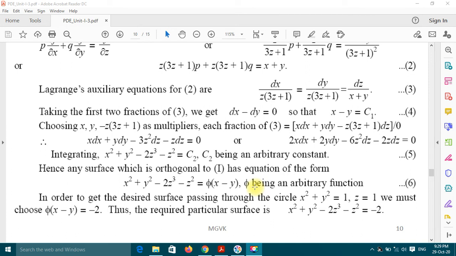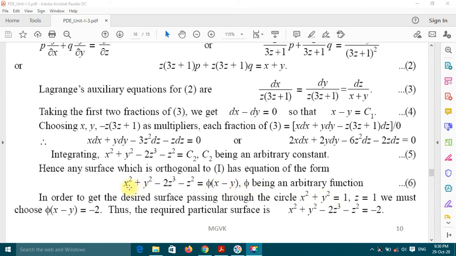And in the question it is given that the surface obtained by the solution of the differential equation 2 passes through the circle x² + y² = 1 and z = 1. So we substitute these values into equation number 6, because the surface passes through this circle, so it satisfies equation 6.